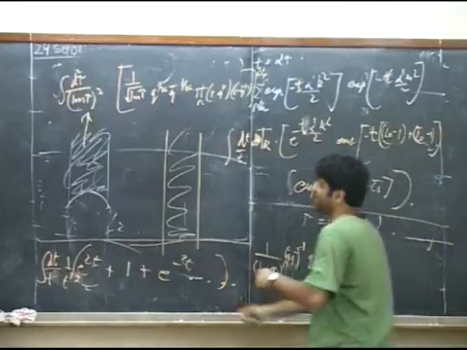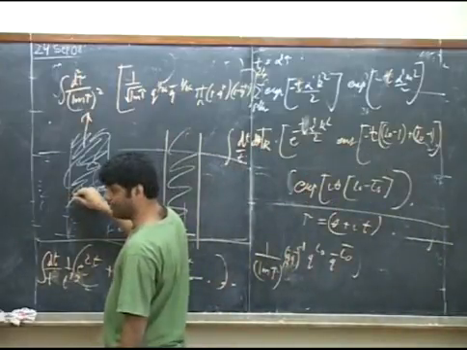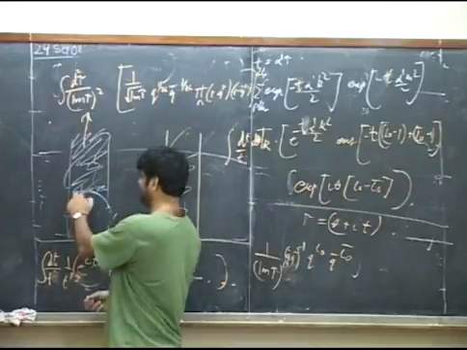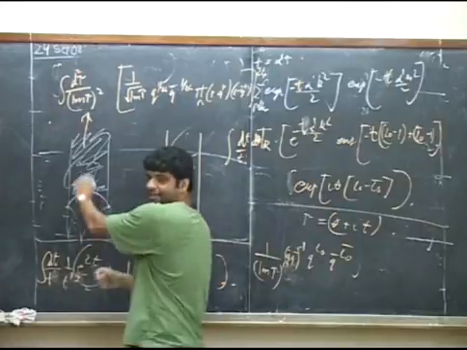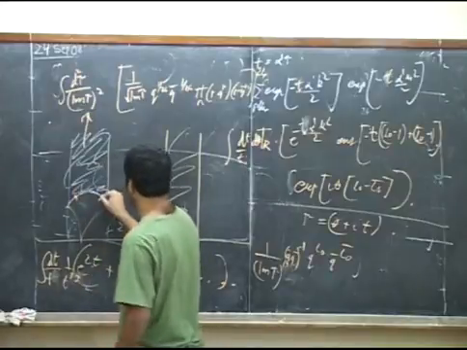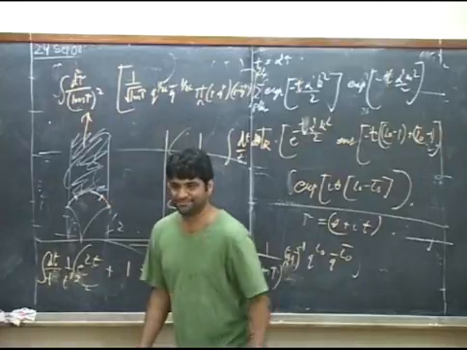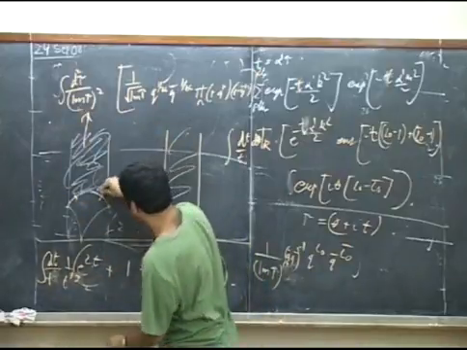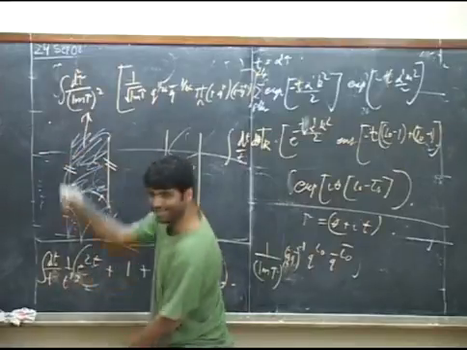That's not true because, one thing that I want to emphasize is that under tau goes to 1 by tau, these points are invariant. This is the boundary of what's linked by tau. And in particular, a point here is mapped to the point here. So let's look at the topology of this space. This thing looks like a strip with boundaries. But actually, this edge is the same as this edge.